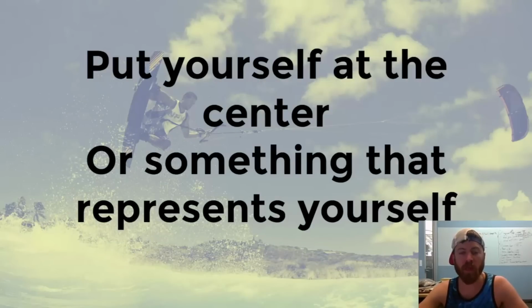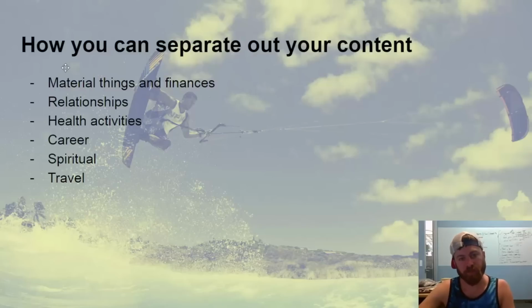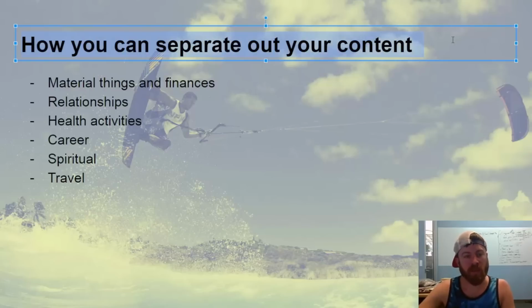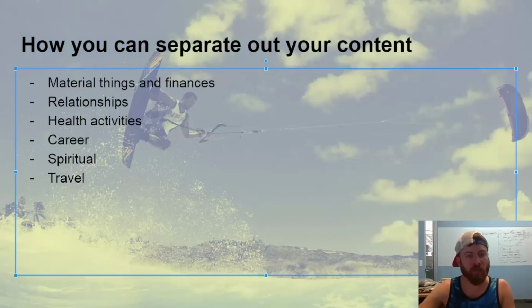Maybe you like your grandfather because he was a family man who provided for his family and created a better future for his kids. Or your father. Whatever represents a better version of yourself, put it at the center. And let that drive you to become more like that person. Now, I'm going to give you some ideas of how you can separate out your content.